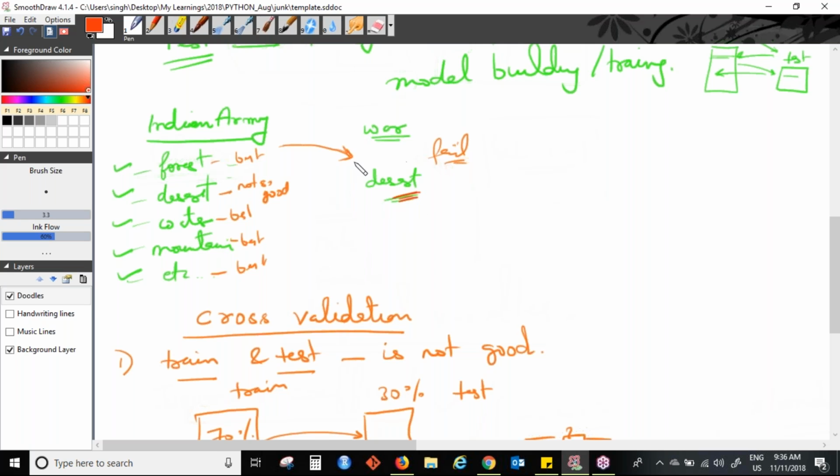So that may cost us very dearly, right? If it fails on the desert. So that is the problem with this approach, that maybe your way of preparing the model only performs good on one particular kind of test data, or only performs bad on one particular kind of data.